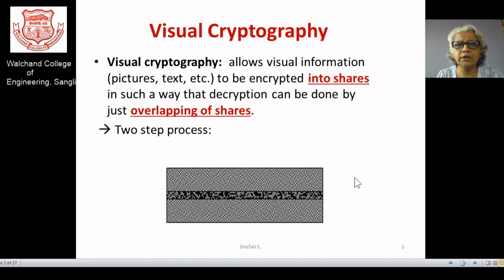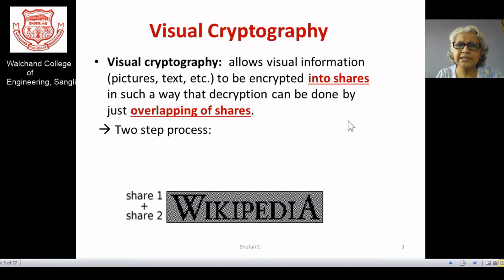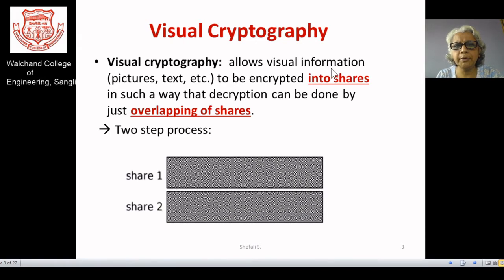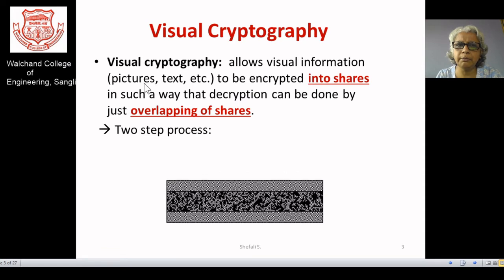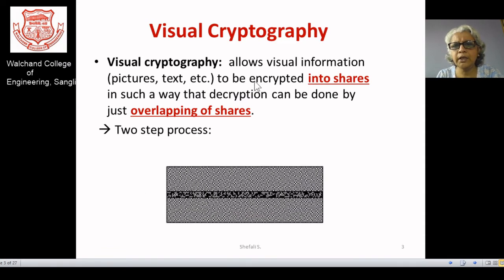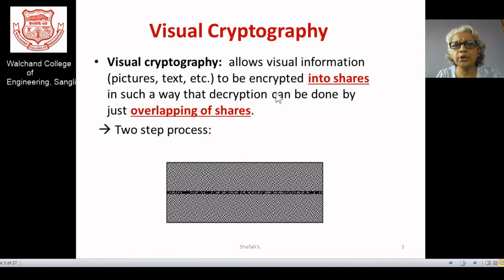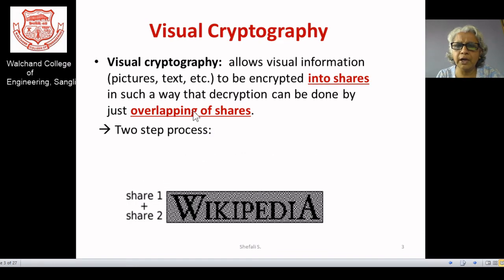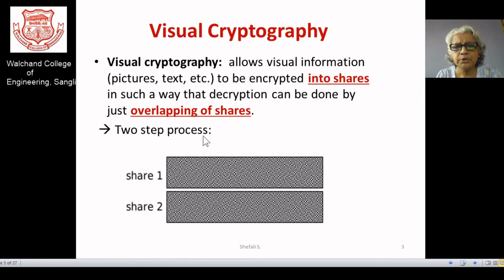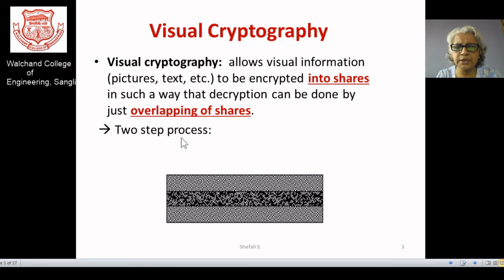Starting with visual cryptography, you can say that visual cryptography allows information, maybe pictures, text or even some graphic, to be encrypted into shares, and if those shares are overlapped, then you can retrieve the original information. So it's a two-step process.